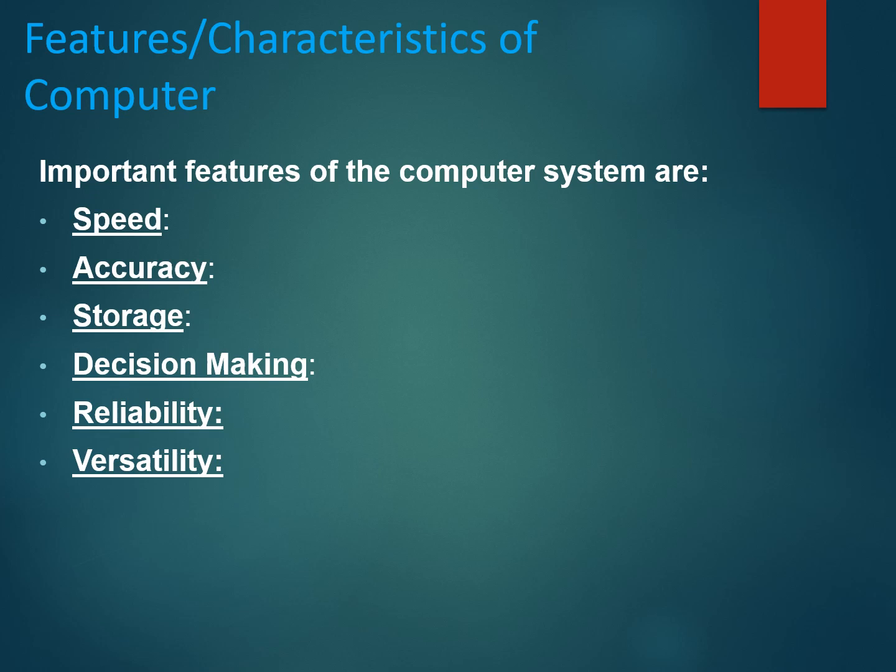Versatility. Computers can carry out a wide variety of work from data entry and ticket booking to complex mathematical calculations. If you can input the necessary data with correct instructions, the computer will do the processing.